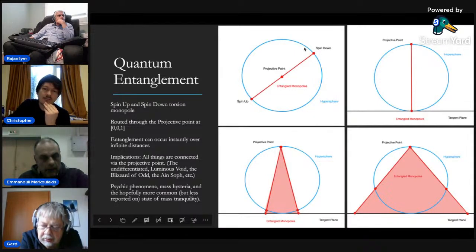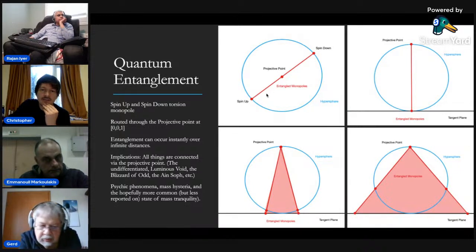If we have the hypersphere, as we do in the anamorphic universe model, and the projective point, ordinarily we'd have the projective point at the North Pole. But if we move it into the center of the hypersphere, and we have the rays coming out of the projective point and hitting the hypersphere at either side, this is the monopole, and as it hits the hypersurface, it just becomes a point.